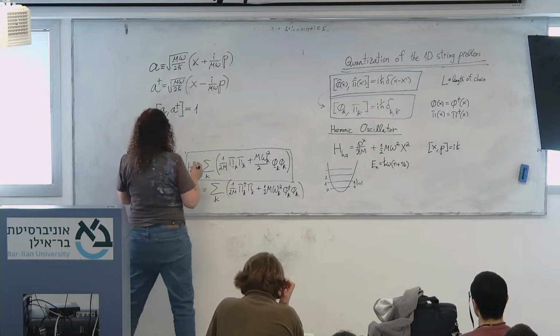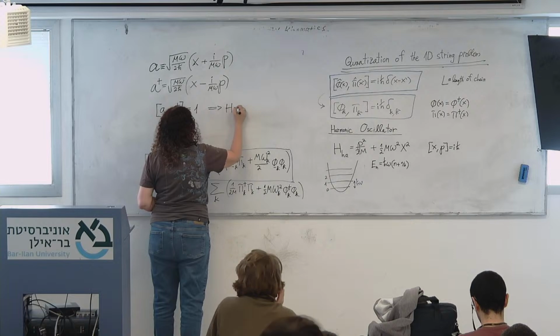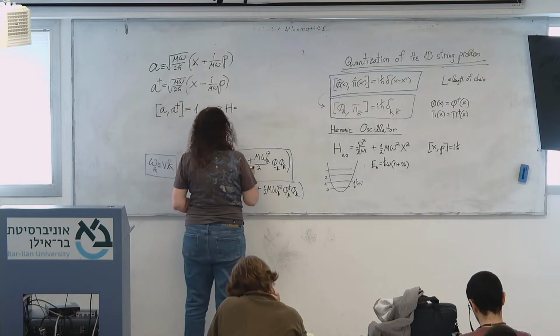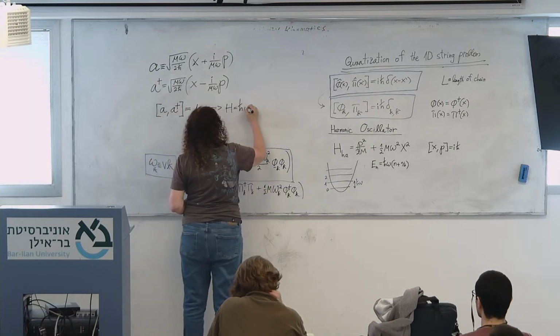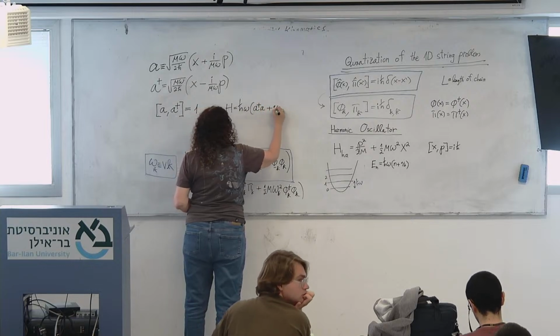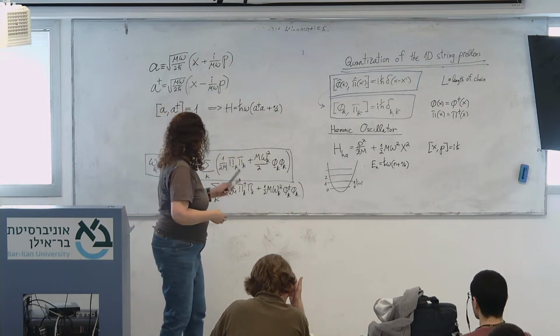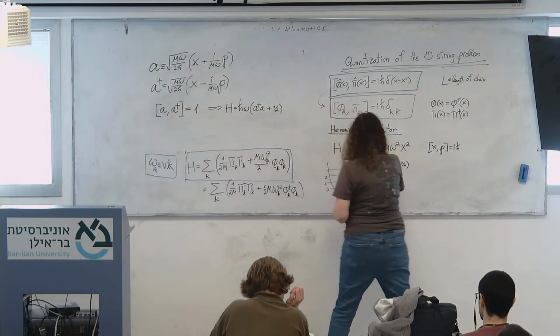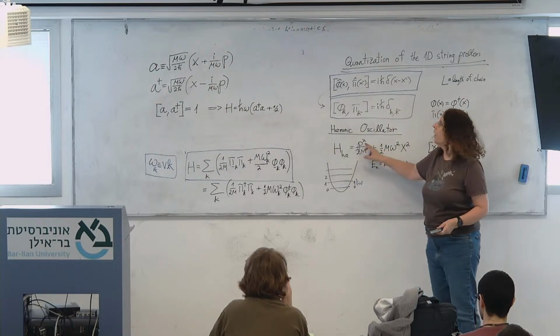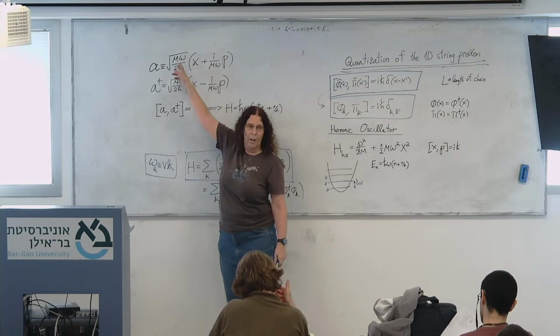And in terms of them, if you rewrite the Hamiltonian, you get h bar omega times a dagger a plus one half. And how do I get it? I just take x and p, plug in the inverse transformation to go from x and p to a and a dagger.